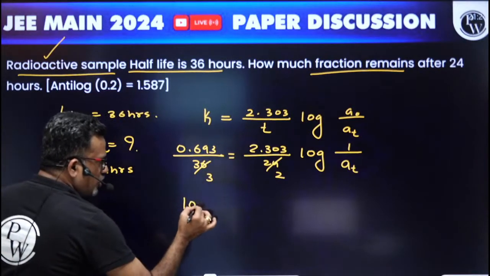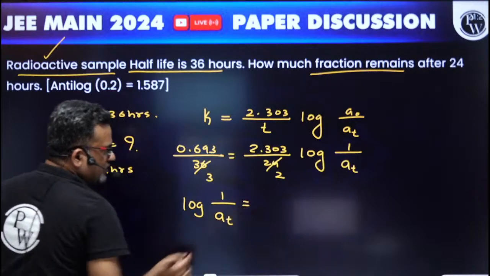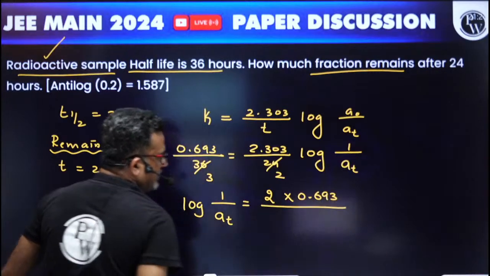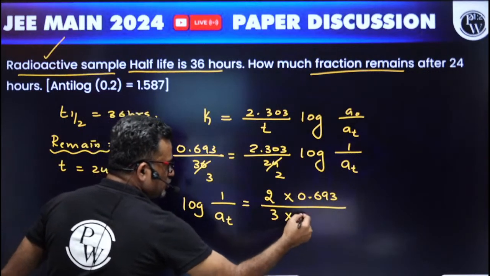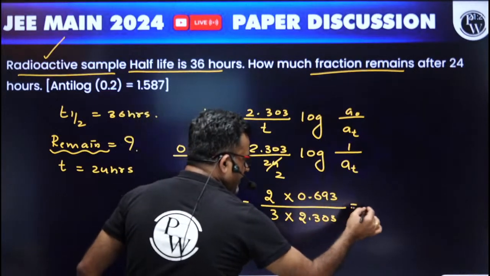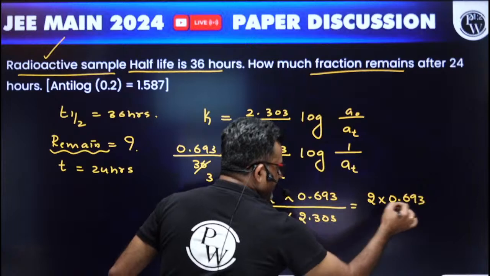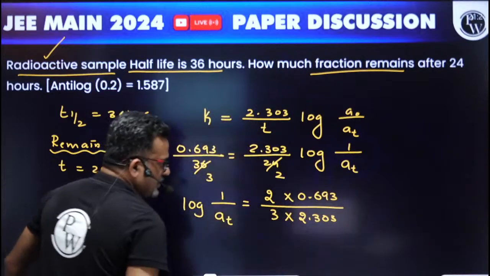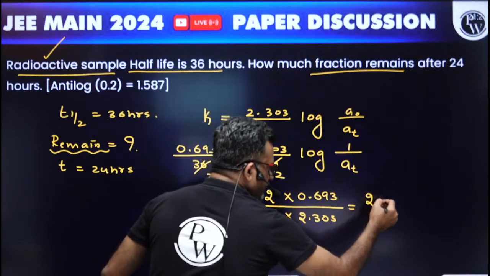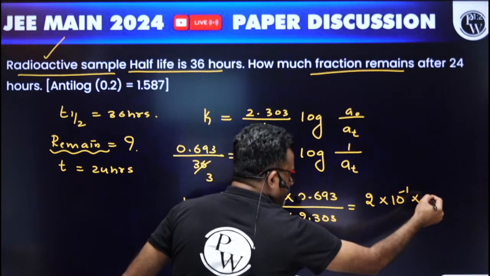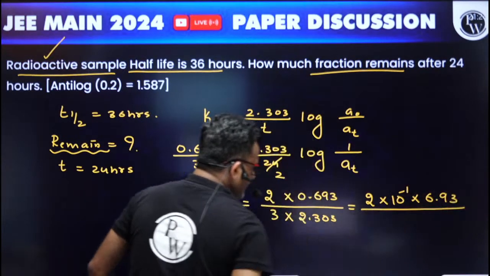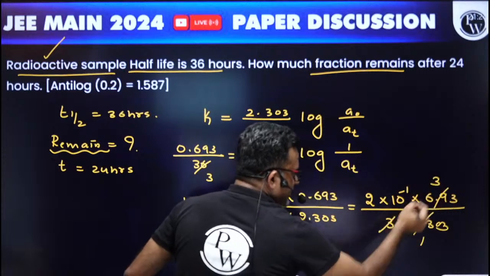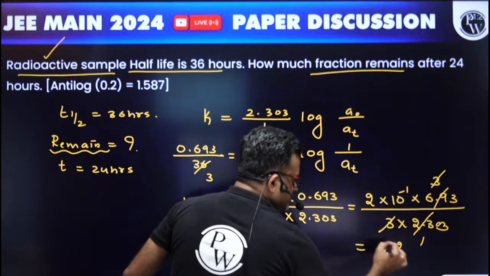Is it not? So log of 1 upon remaining quantity would be how much? I'll take 2 on this side. 2 into 0.693 divided by 3 into 2.303. I can simplify it like 2 into 10 raised to minus 1 into 6.93, and this is 3 into 2.303. 2.31s are almost 3s are. 3 and 3 get cancelled. 2 into 10 raised to minus 1 is 0.2.